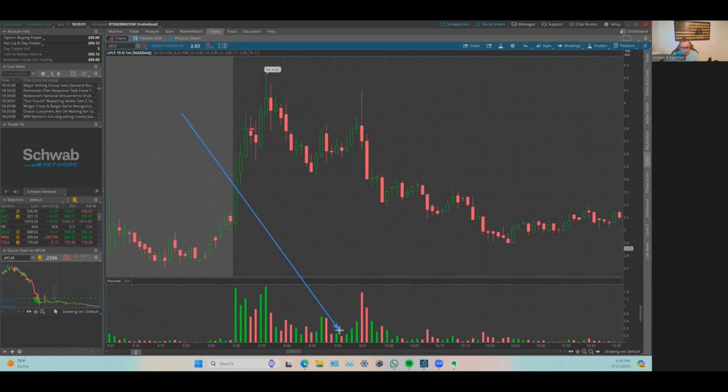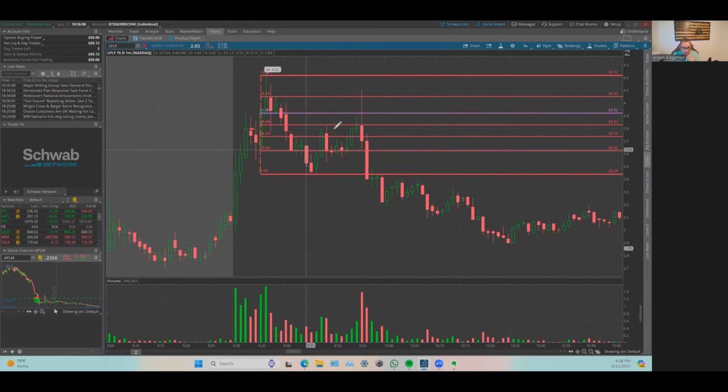It comes down here, and this is exactly why I would have drawn in my fib retracements, because the safest way to trade these is I draw in from the very top wherever the bounce is, and I'm literally looking for this level right here.